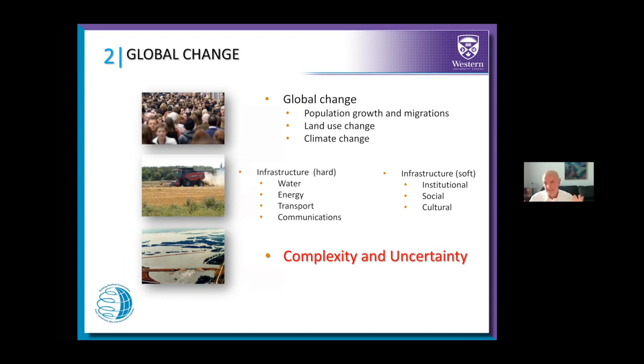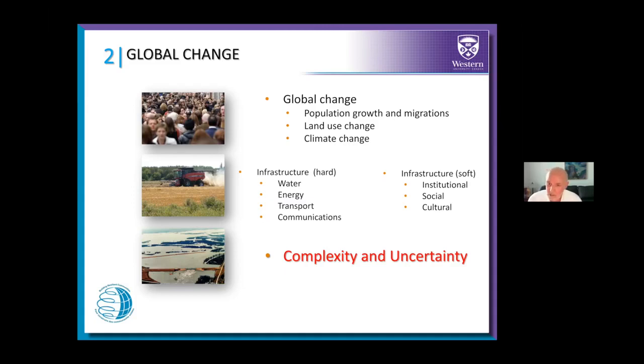The reason for the focus on global change is that the impacts are spread all around the infrastructure, both hard and soft. Our water infrastructure, energy, transportation, communications, everything is affected by these globally changing conditions.